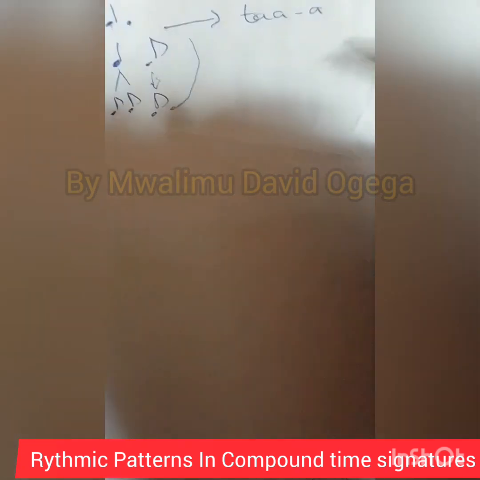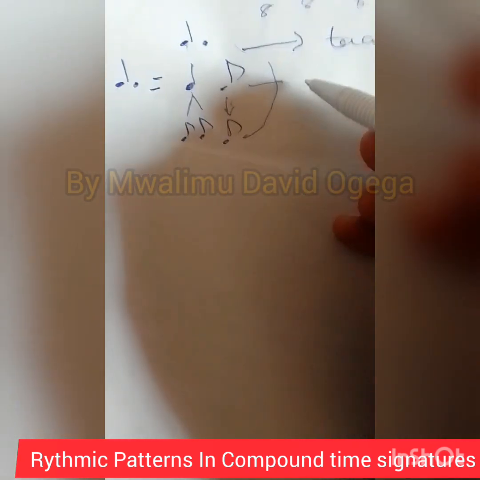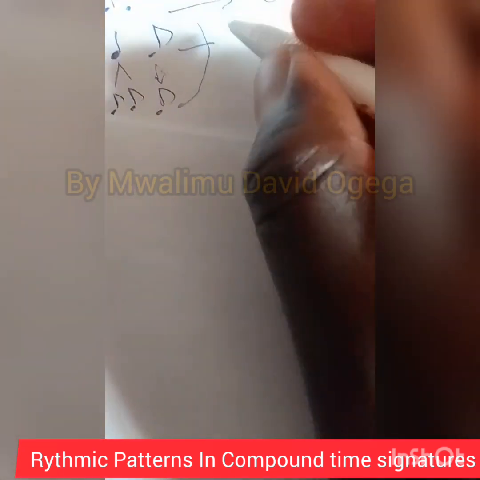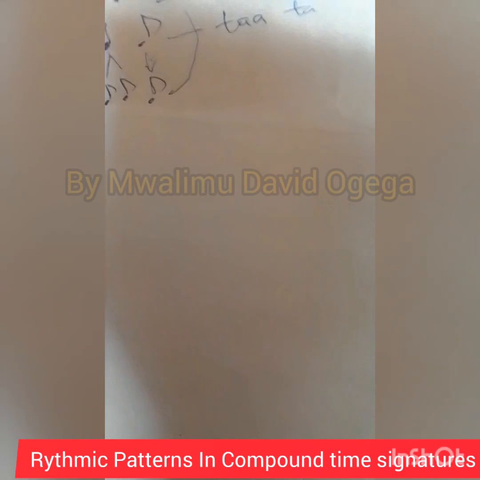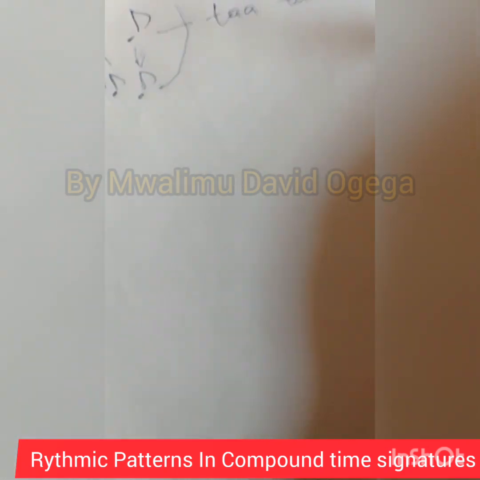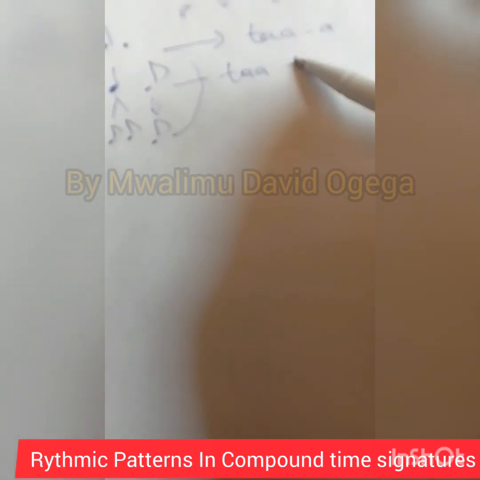ta, and if you clap this rhythm, it has a French name, which is ta ta ta ta ta ta ta ta. But here you only clap where there is ta.